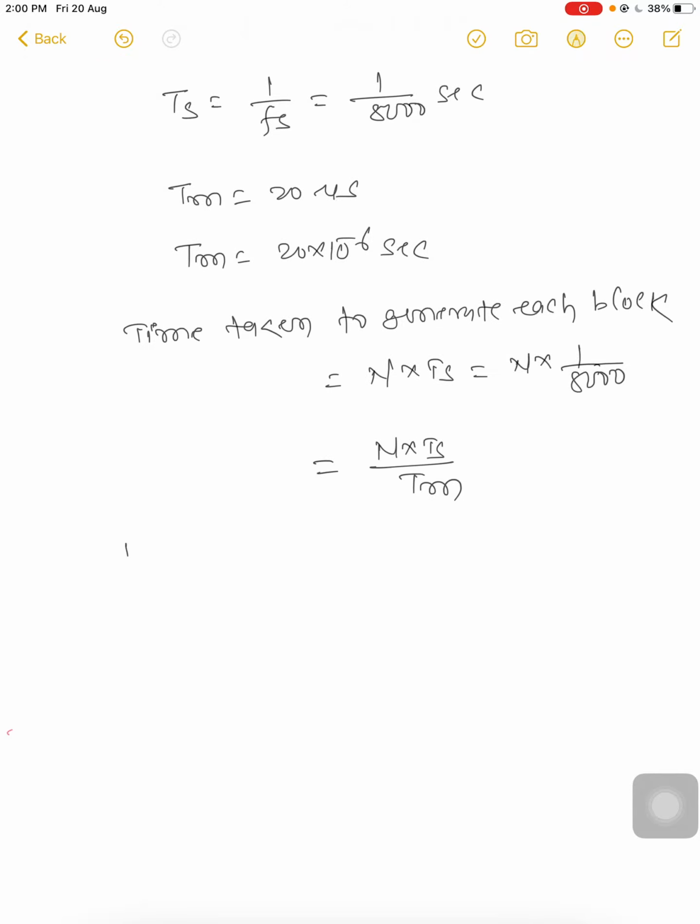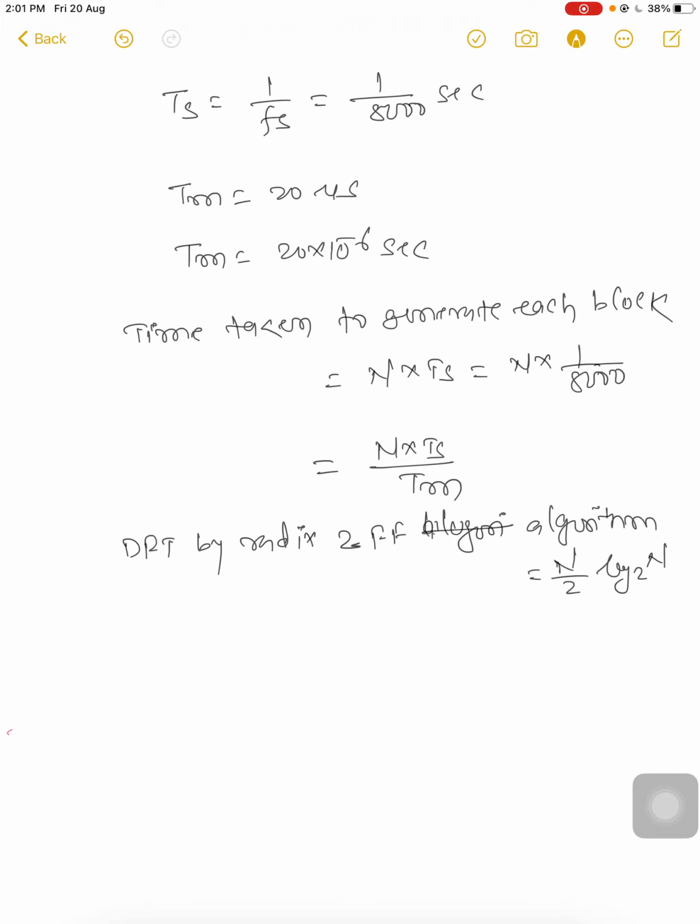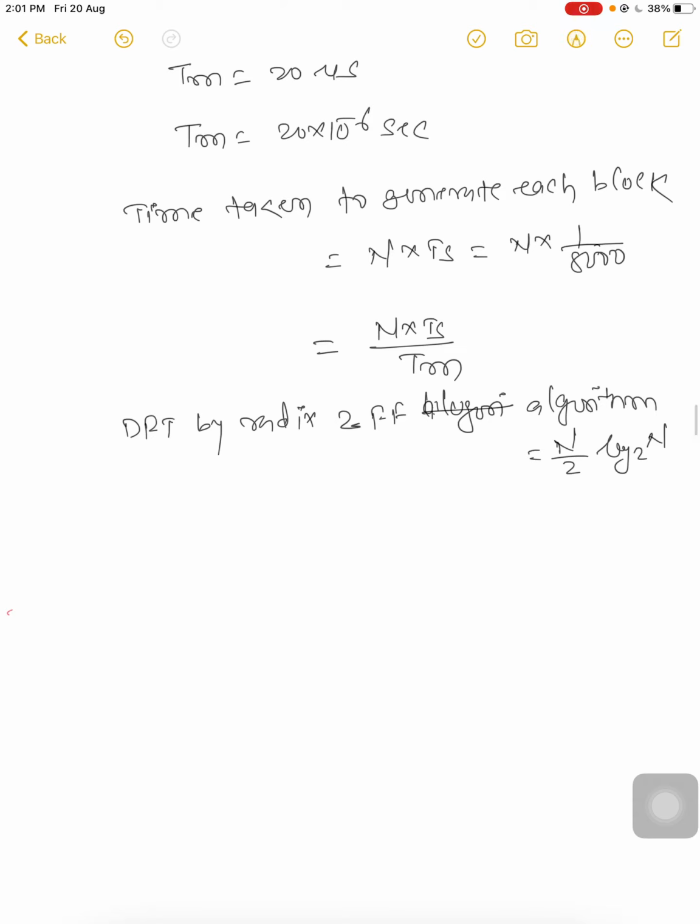So the N-point DFT by the radix-2 FFT algorithm will need N by 2 log base 2 of N multiplications.